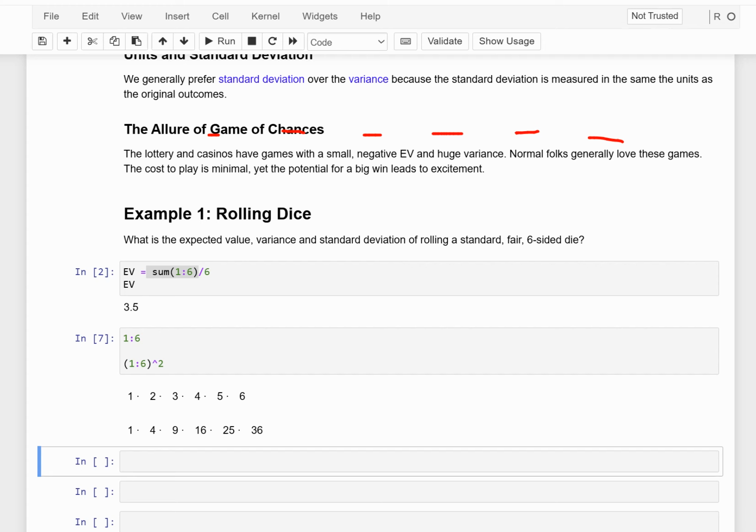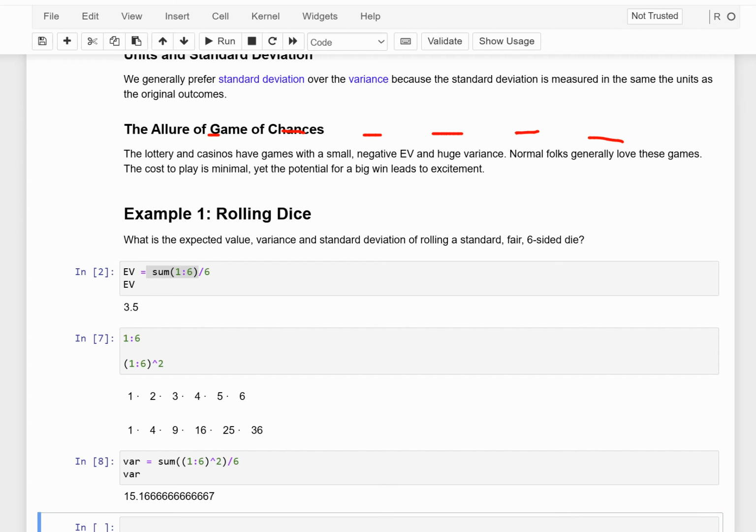So if I want to do, okay, the variance is equal to what? Well, it's the sum of the values from 1 to 6 squared times those probabilities, which again, 1/6 is each of the probabilities. So I can take this sum and put it over the common denominator and print that out, and I get 15 and 1/6.